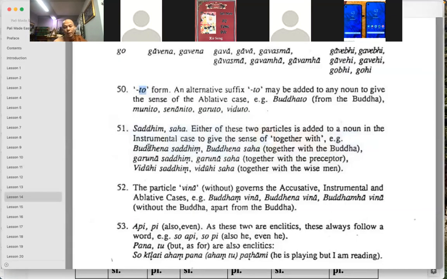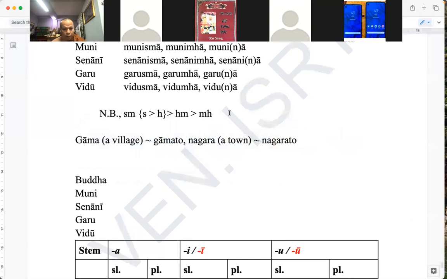Sometimes in the ablative sense, that Do form can also be found. So Arahato is not a Do form. That one we will cover later in the paragraph, maybe in lesson 20 or 21. That Arahato is not a Do form.